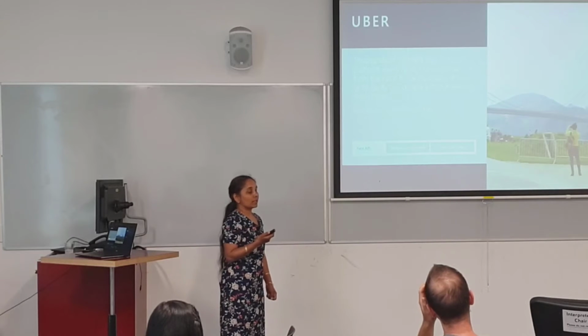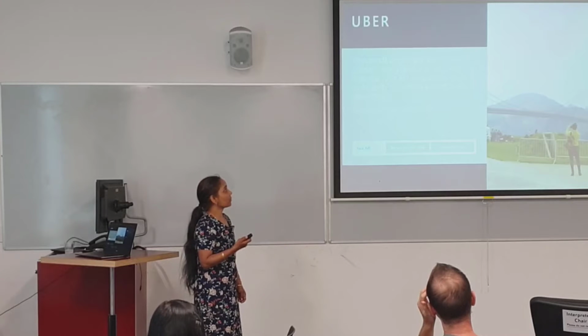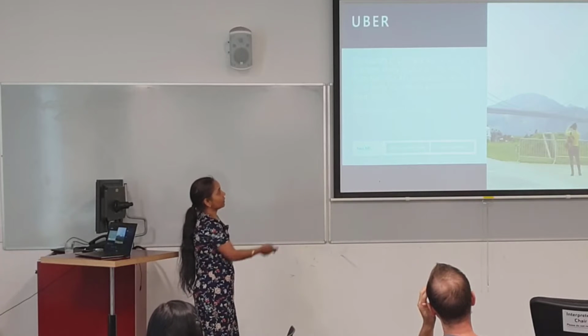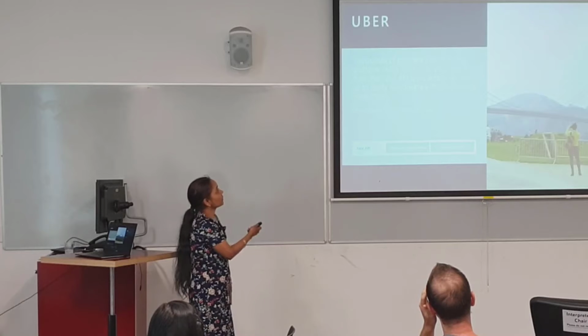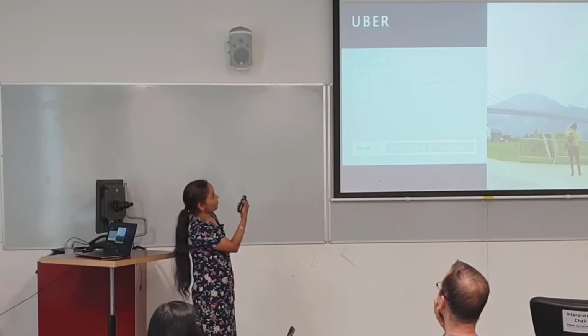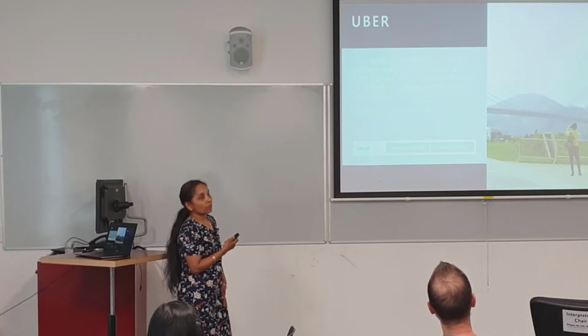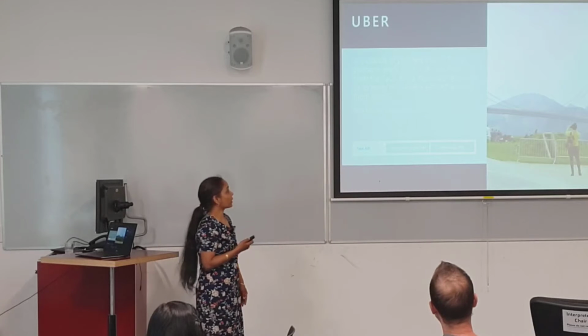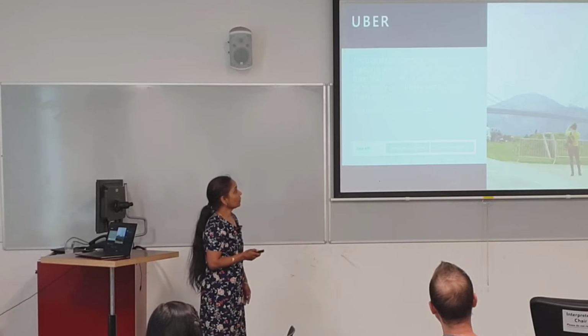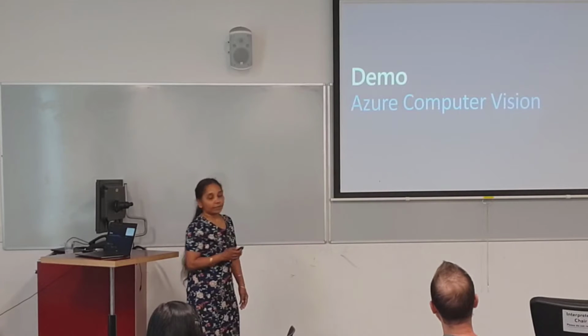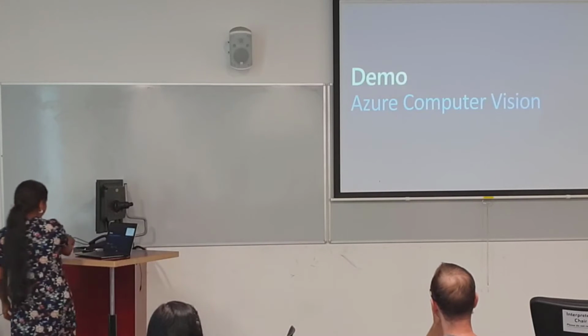Yes, they use the Face API to verify the drivers without slowing them down. This is what the product manager of Uber, Dima, said when Microsoft did the case study. And let's have a look at the demo.